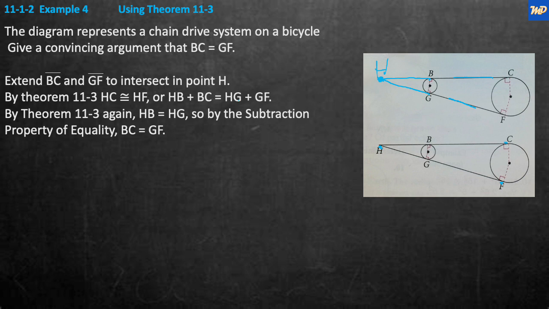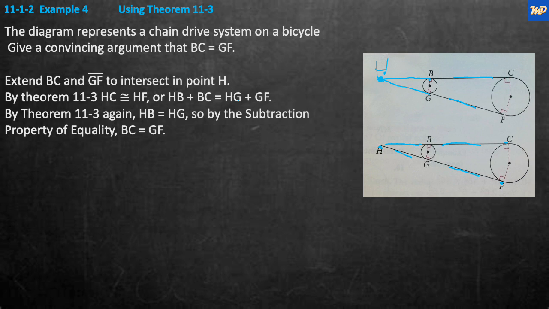But you can also think of it this way: HB, the small segment we just extended, plus BC, the one that was already existing, is equal to HG, the one we extended on the other side, plus GF, the one that was already existing. So those are now equal.